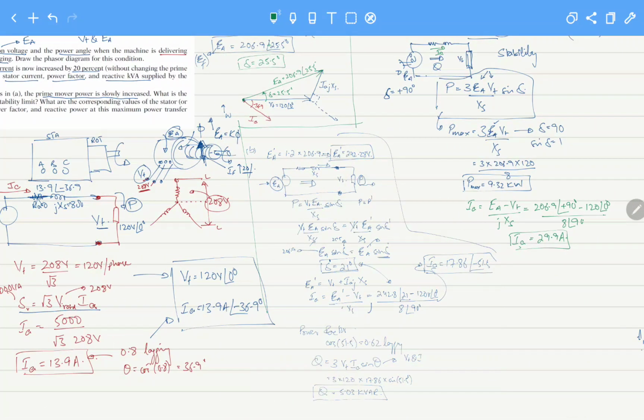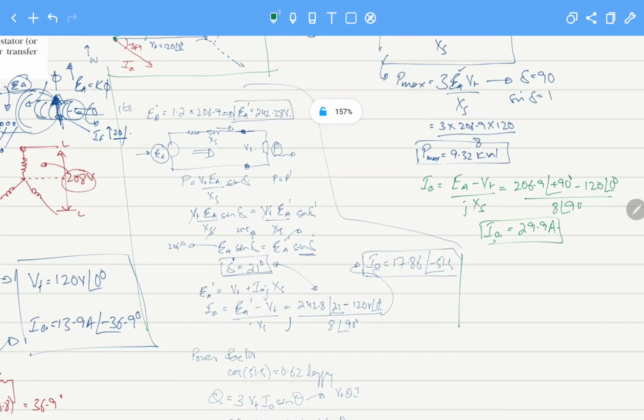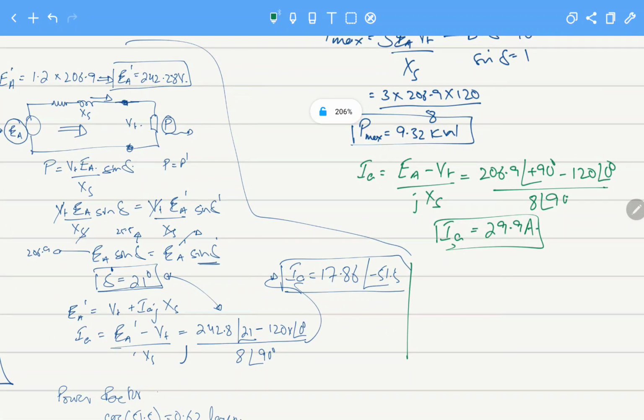And now what about the power factor? Yes, 29.9 at an angle of 30.1 degrees. So this will be the value of current, and we can see that the current angle is positive.